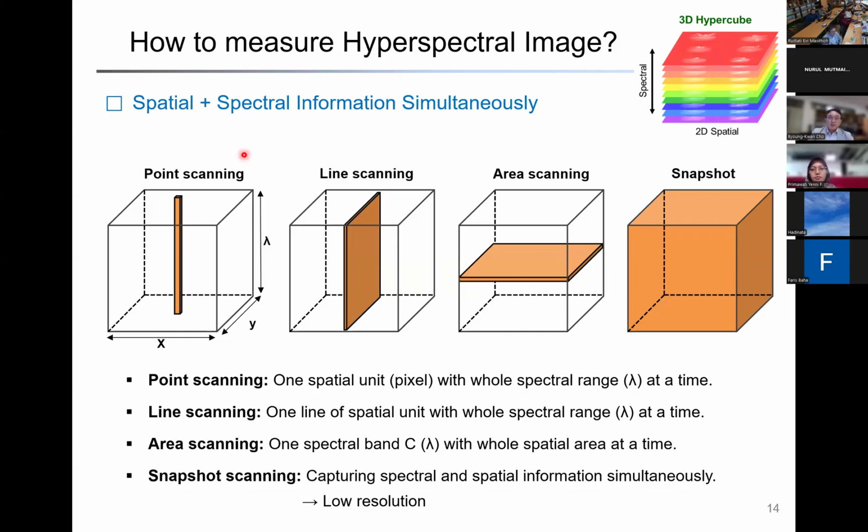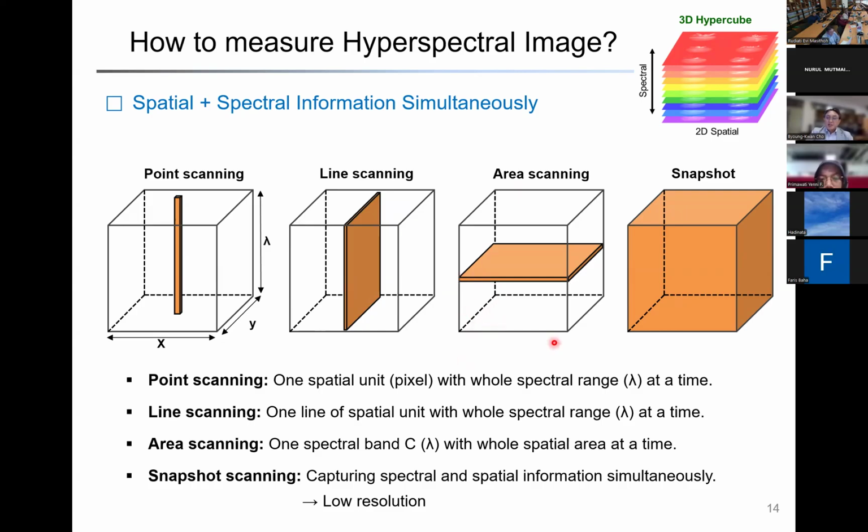Okay, there are several methods. First, the simple method is point scanning. We can measure point by point and stack together to make 3D images. Another method is line scanning. We can scan line by line to make a 3D hypercube. Another method is area scanning.